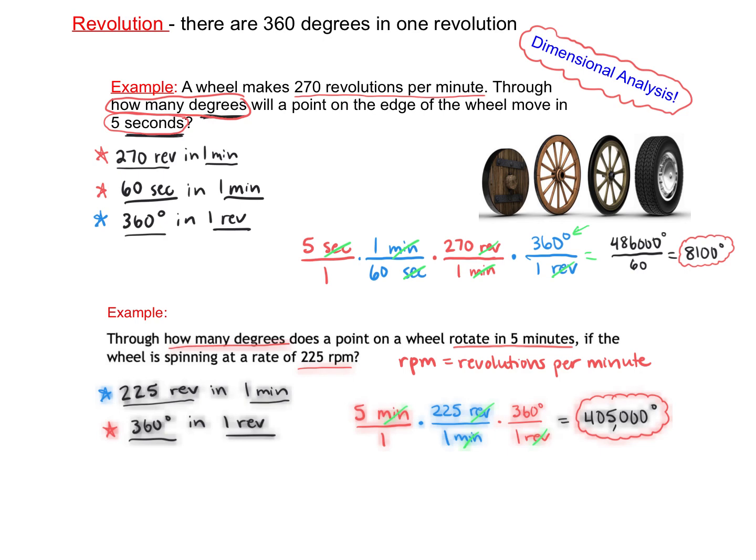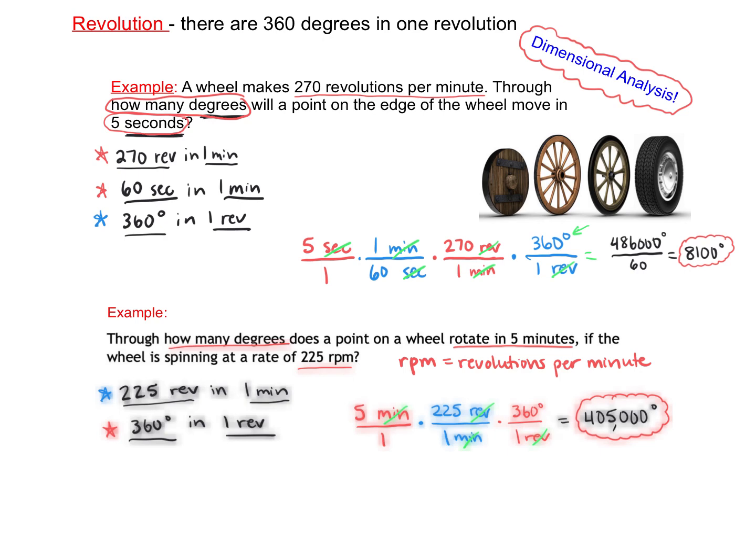Okay, so in this case we have 225 revolutions in 1 minute, but then remember we're looking for degrees, so we can also work with the conversion of 360 degrees are in 1 revolution. And the initial value that we're working with is the 5 minutes. So if we start out with 5 minutes, and then we try to eliminate the minutes for our unit, we can use the conversion of the 225 revolutions per minute.